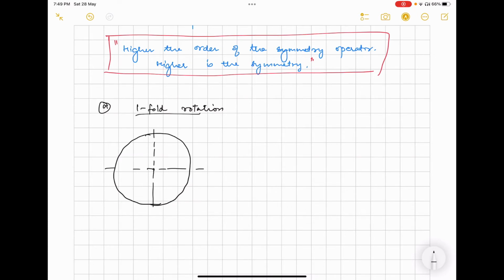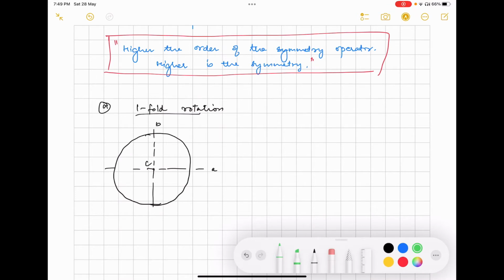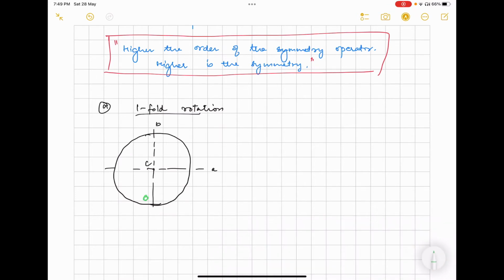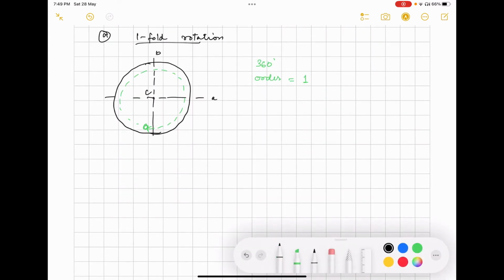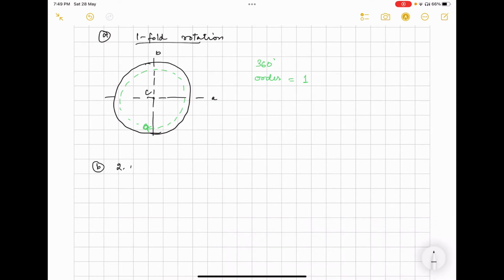So if the axis is coming out of the paper, and you have this point, after rotation by 360 degree, it again comes to this point. So it closes its phase and hence we do not apply any rotation again. So the order of one-fold rotation is 1 because it leaves only a single point. Now we go to two-fold rotation.